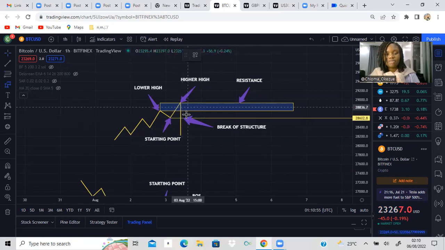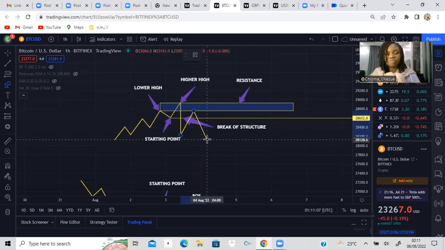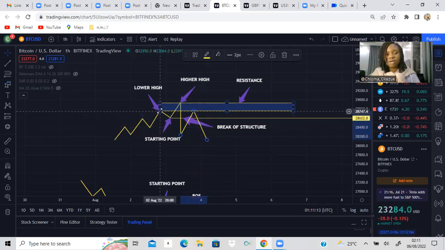So now that you have recognized that this is our resistance, we expect the market to do this: either retest here or retest here. Either way, we're waiting for this. This has become our heads and shoulders: left shoulder, head, right shoulder, down.